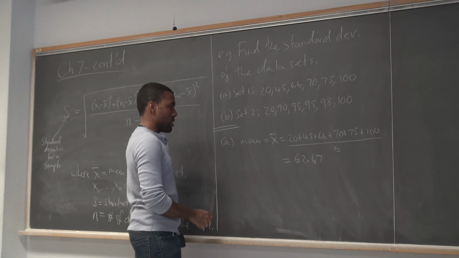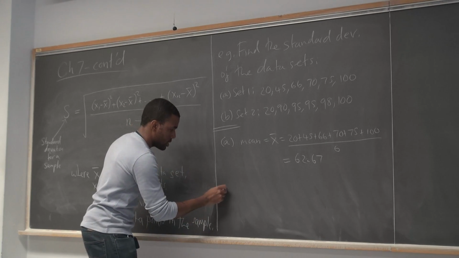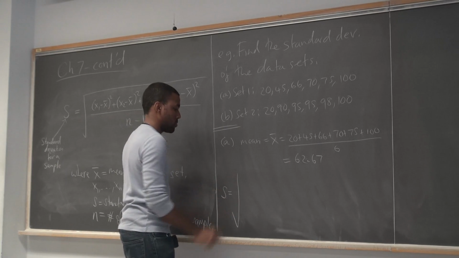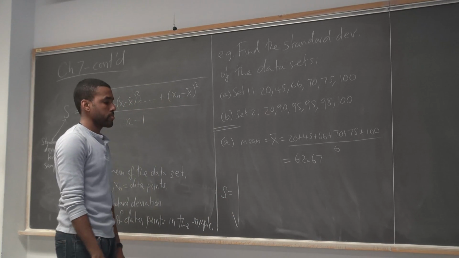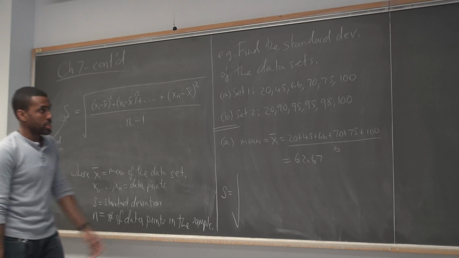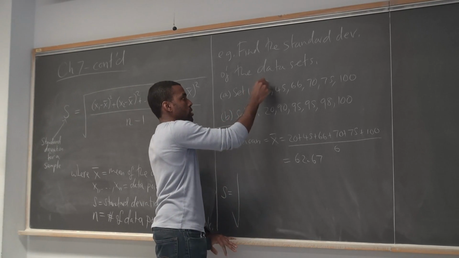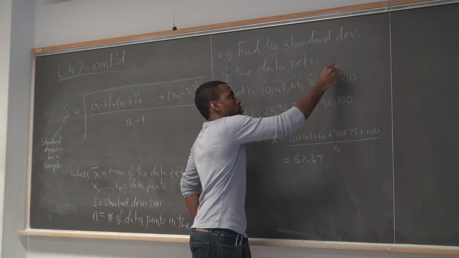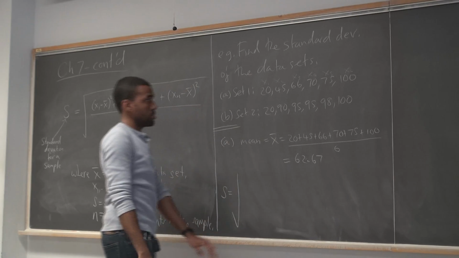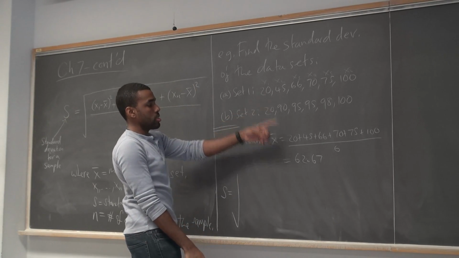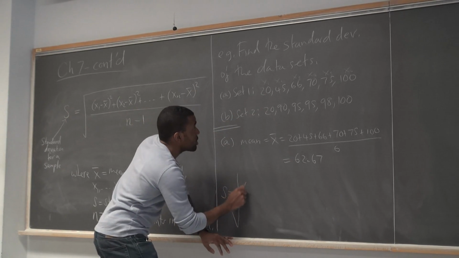Okay, so now that I know that, the standard deviation s is going to be equal to this. These are my data points, x1, x2, x3, x4, x5, x6, so n is 6 in this case. I'm going to take each of these, subtract the mean, and square it.